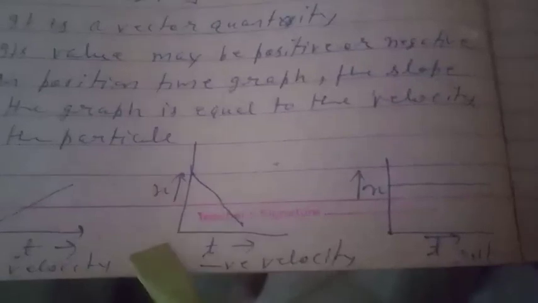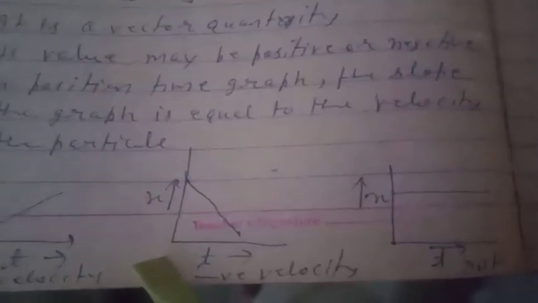If the graph is as shown in this figure, then it will be a negative velocity, and if the graph is like this, then the body will be at rest, that is, position is not changing. In this case position is decreasing with respect to time, so the velocity is negative. In this case, position is increasing with respect to time, so this is positive.